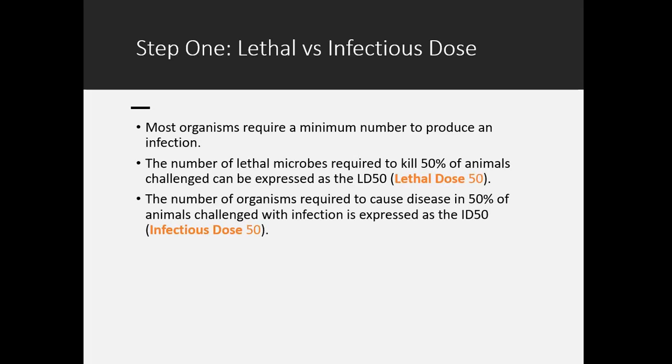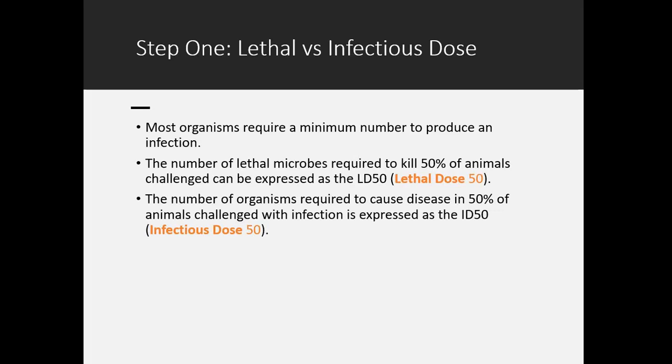And there are 2 numbers that we refer to. One is LD50 and one is ID50. And this is based on clinical trials. So the lethal dose 50 is the number of microbes required to kill 50% of the challenged animals, whereas the infectious dose 50 is the number of microbes that have to enter in order to cause disease in 50% of the challenged animals.